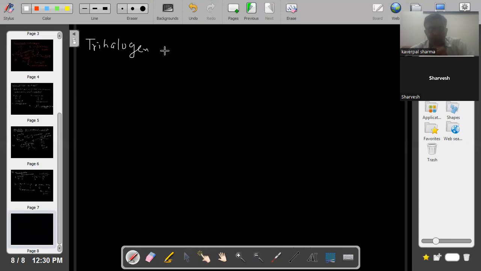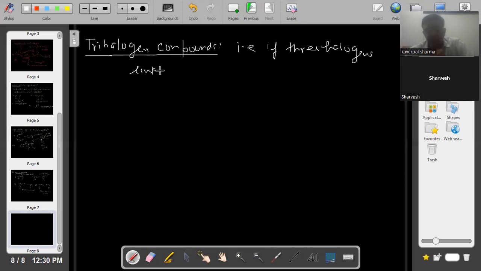Trihalogen compound, that is, if three halogens link with the same carbon atom. So we get trihalogens like CHCl3, common name chloroform.